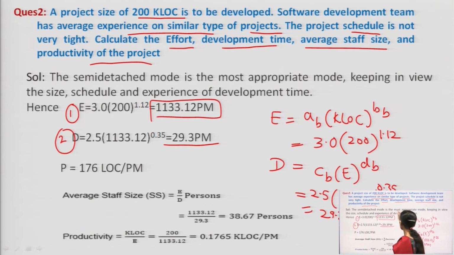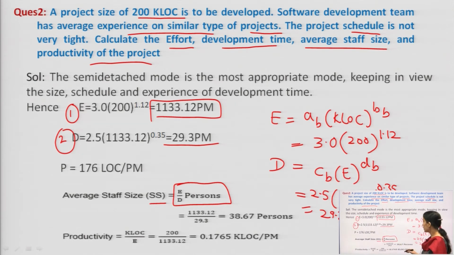The third one I have to calculate is the average staff size. This staff size is determined as E upon D persons. So 1133.12 divided by 29.3 is 38.67 persons, meaning I will be taking 39 persons.